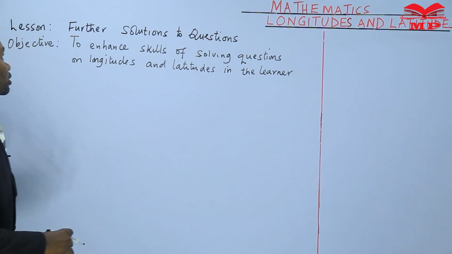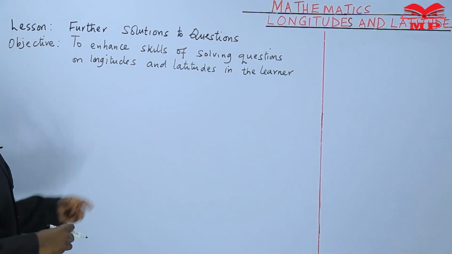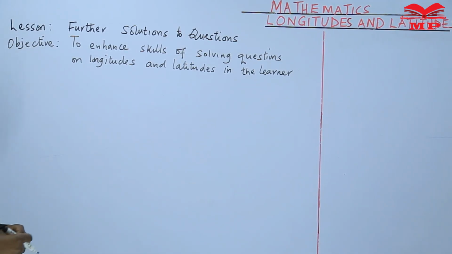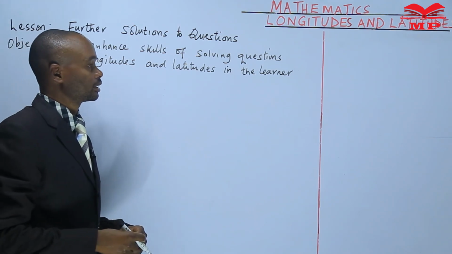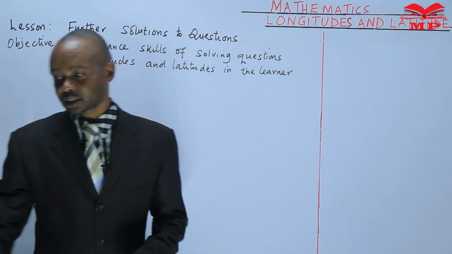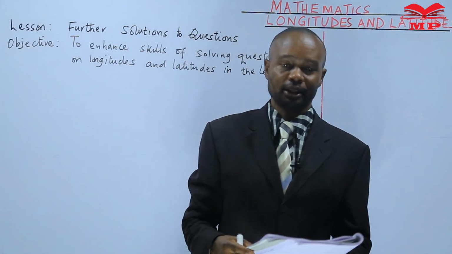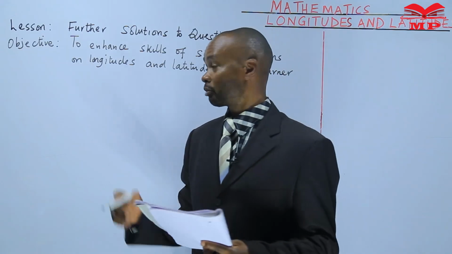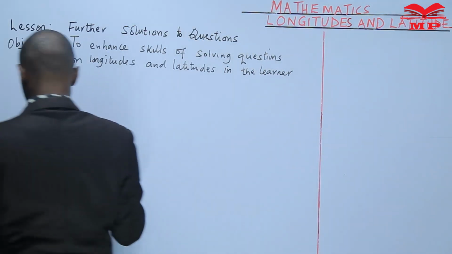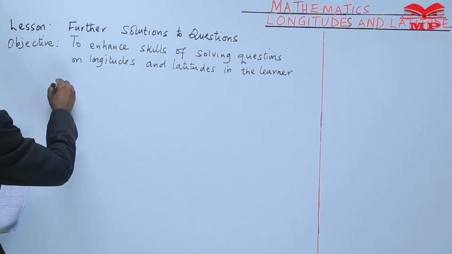So the lesson is further solutions, with the objective to enhance skills of solving questions on longitudes and latitudes in the learner. So straight to an example that gives us a wider experience. So I'm going to jot down an example. Example K.